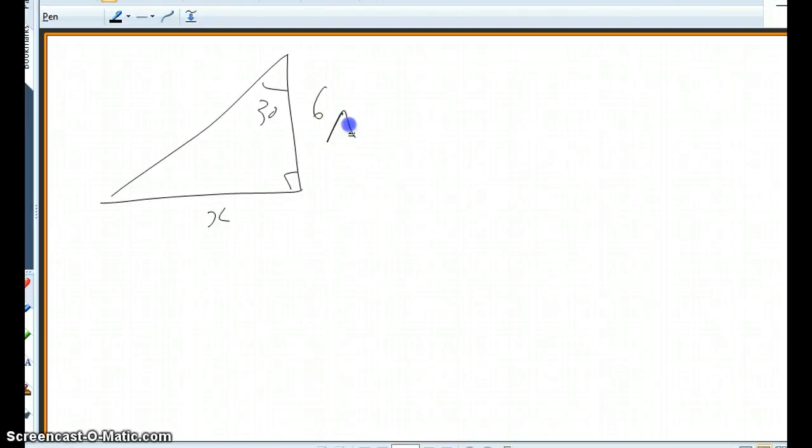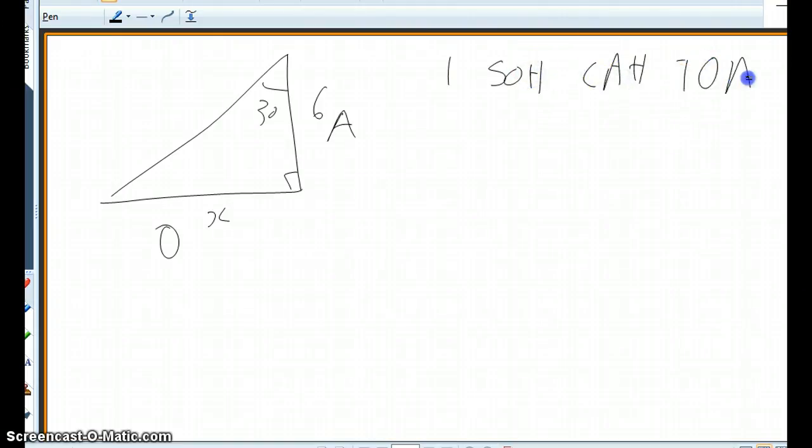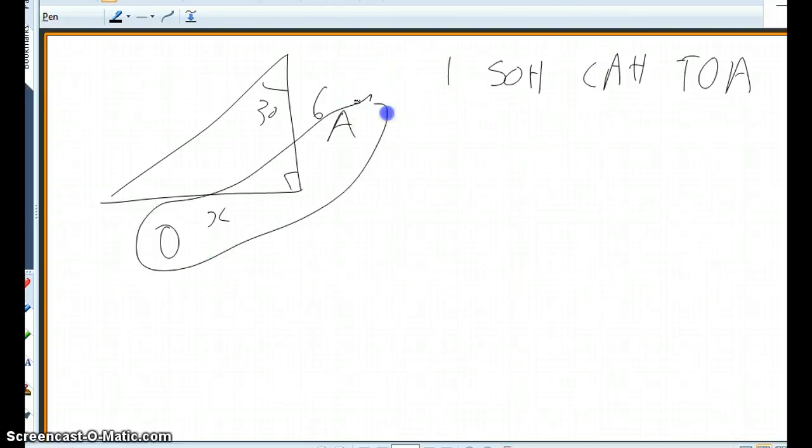Label the sides, A, O. Somewhere at the top of your page, you'll have SOH CAH TOA. Identify which one deals with A and O. It's the TOA. Draw the triangle.